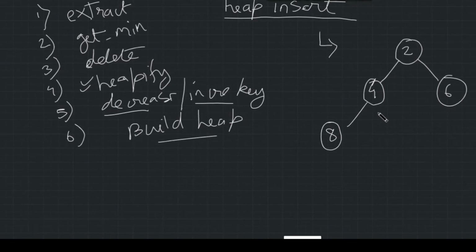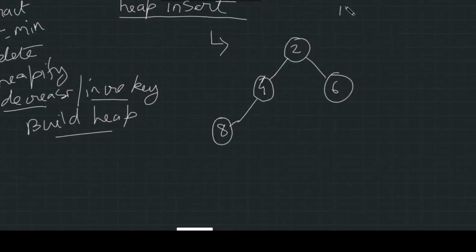It's a complete binary tree, and moreover the root value is the smallest value compared to the descendant values. Now suppose I need to insert a value, say 1, in this min heap.